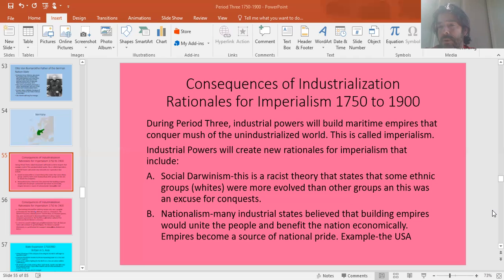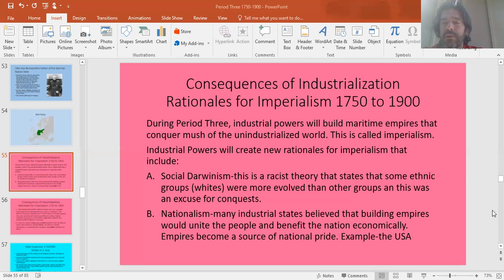The sheep are the unindustrialized powers, and the wolves are the industrial powers coming for you. You're going to see huge empires built with truly global reach that are going to look very different than the maritime empires that some of these states had that we talked about in period 2.